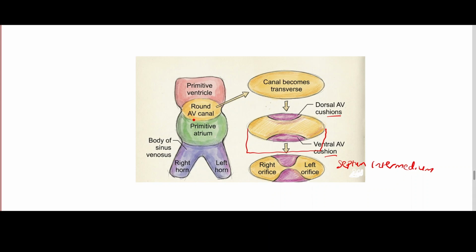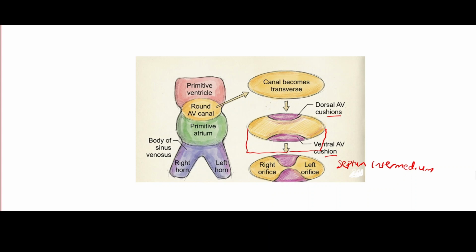Now the single atrioventricular canal is divided into the left opening and the right opening. So this will eventually lead to the formation of the tricuspid and mitral valves.